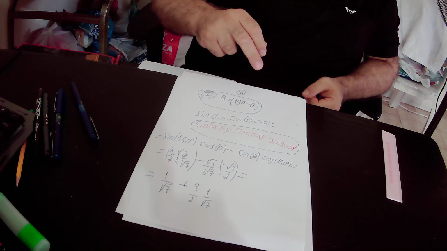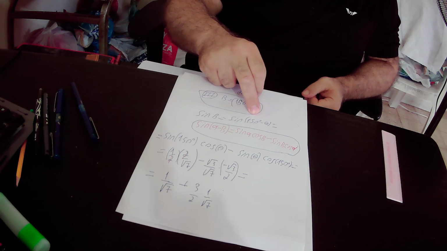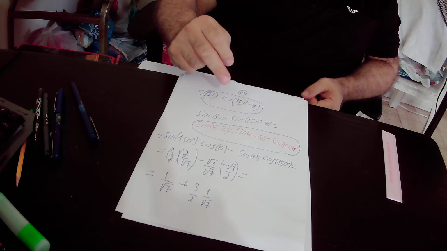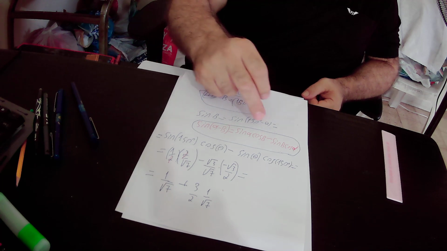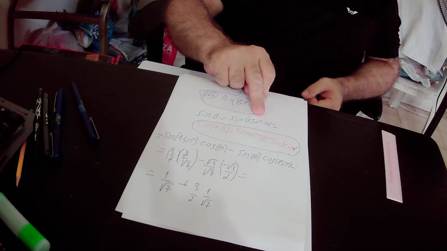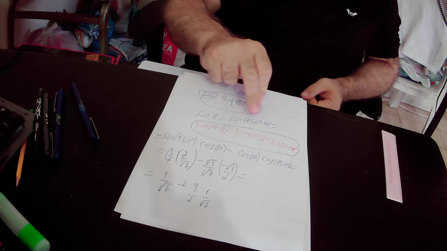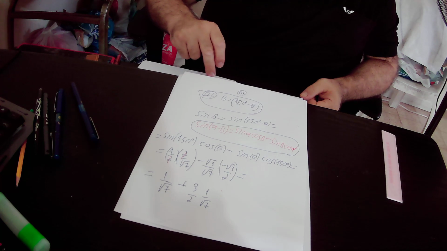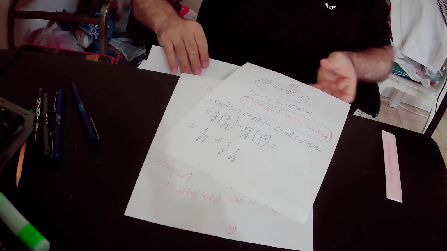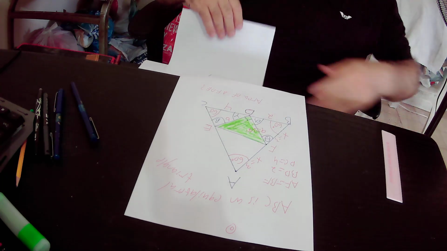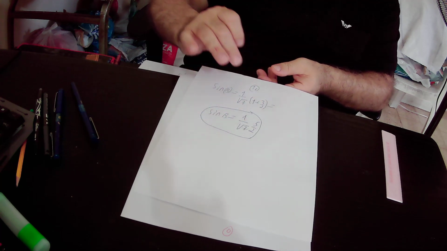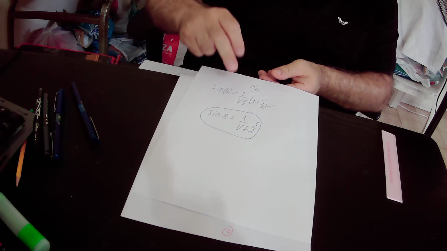We substituted alpha by 150 degrees and beta by theta, and we used this equality in order to find the value of sine 150 degrees minus theta, and we found that the value of sine beta is 5 over root 7 times 2. Okay, that is the value of sine beta.